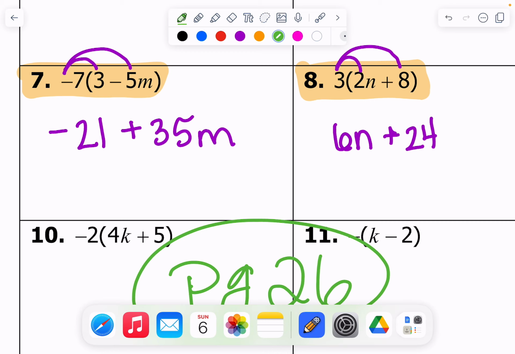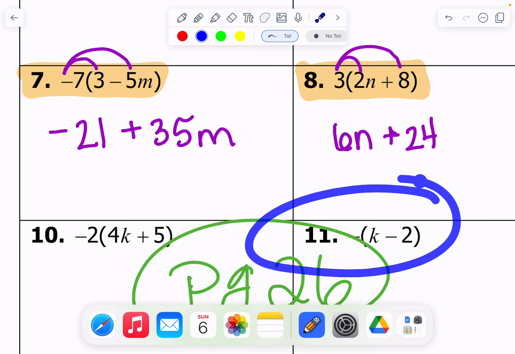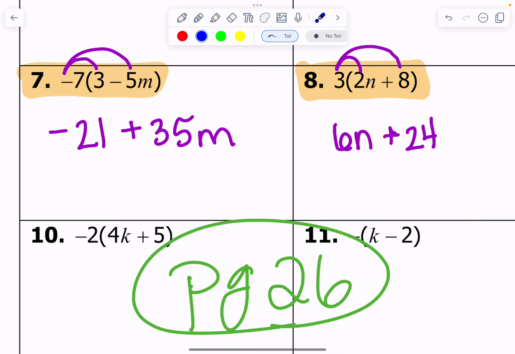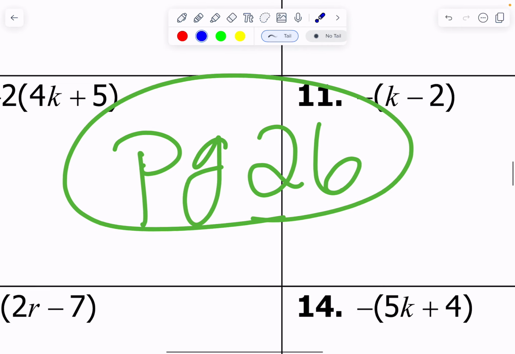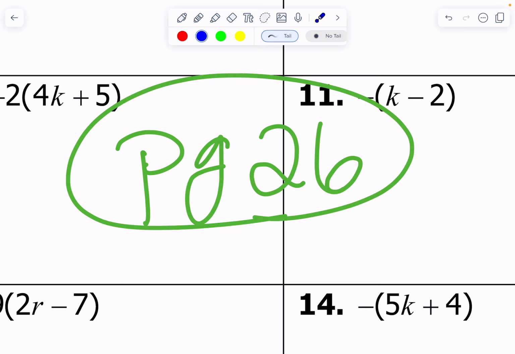Some of these problems are going to look like what we have here with the distributive property, but some of them are going to look a little bit like what we had on Friday with the combining like terms. So if there's parentheses, you need to do the distributive property. If there are not parentheses, you need to make your boxes and circles and do the combine like terms.